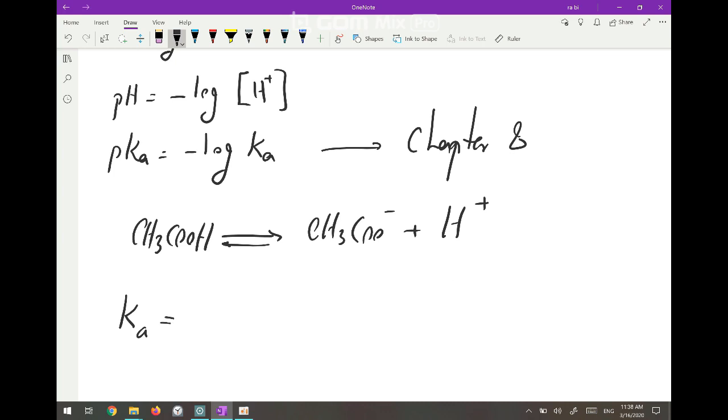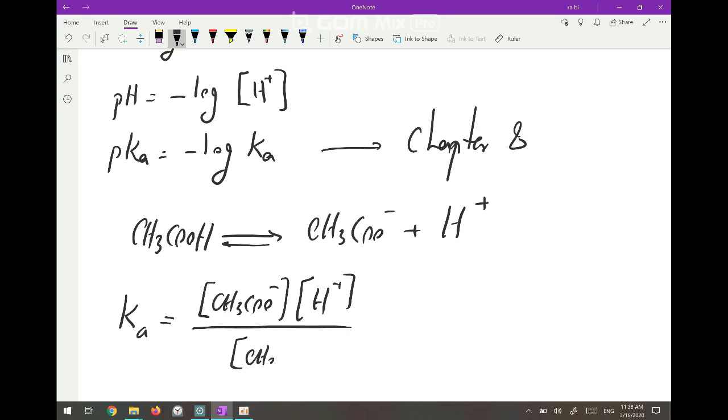It's the product of the concentration of the products, CH3COO minus times H plus, over the concentration of the reactant, which is the acid here, CH3COOH.